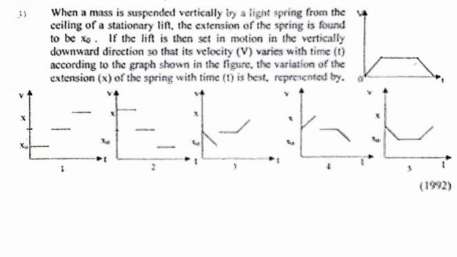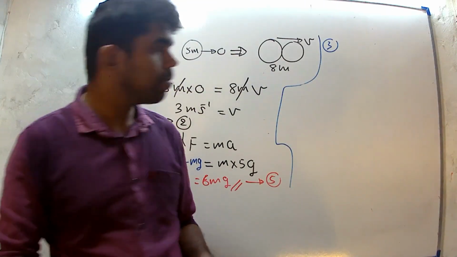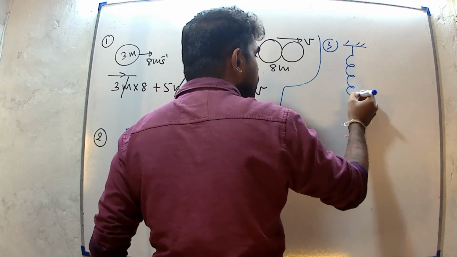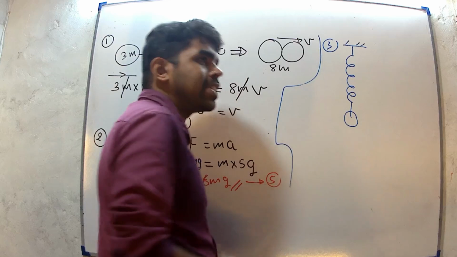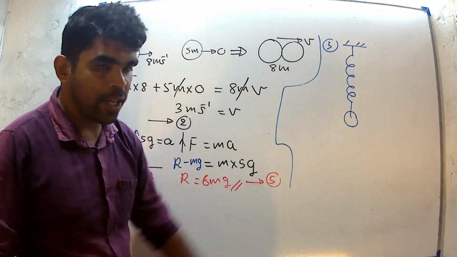If the lift is then set in motion in a vertically downward direction, so that velocity varies with time according to the graph shown in the figure, variation of the extension of the spring with time is best represented by. I will consider the object hanging by a spring. It is like this. There is an initial extension due to the weight of the object.